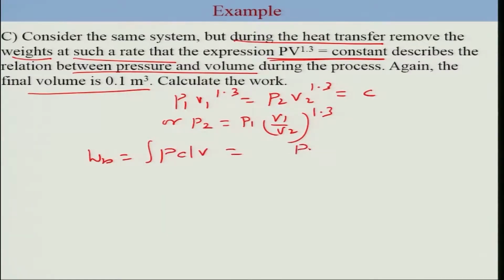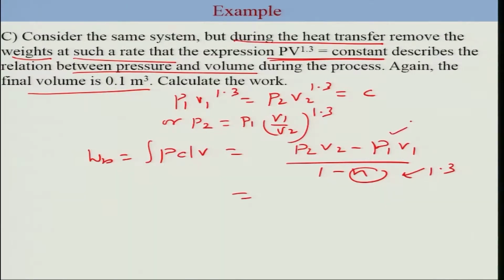This was (P2 V2 minus P1 V1)/(1 minus n). n here is 1.3, and you know P1, which was 200 kilopascal. Initially V1 is 0.04 meter cube. P2 you can calculate from this expression.